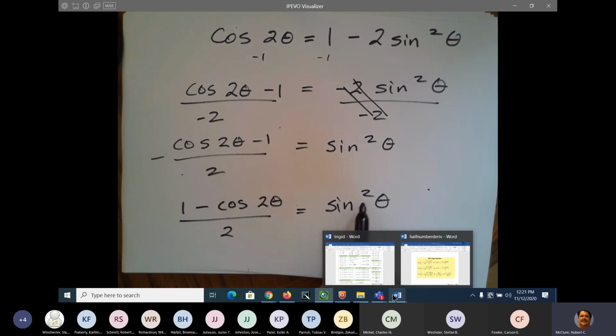Well, sine squared theta looks like the sine of 140 pi t.